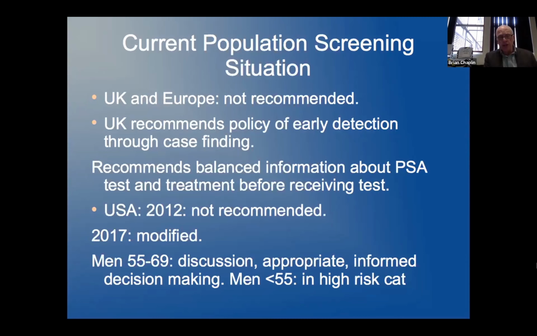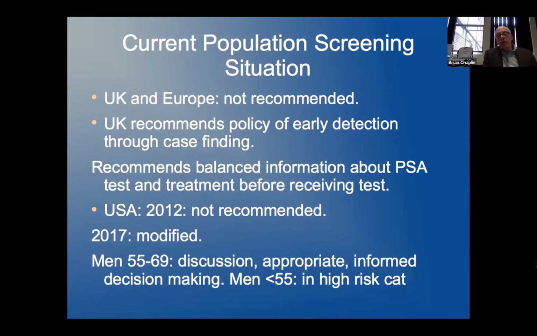In the United States, in 2012, the task force there came down with a very heavy recommendation against screening. There was a lot of pushback from American urologists and the AUA, a lot of powerful lobbying, and also, incidentally, prostate cancer mortality went up after 2012, and therefore they modified this advice.